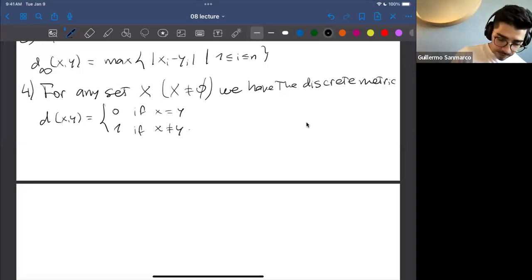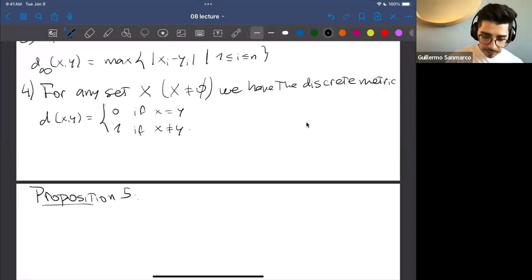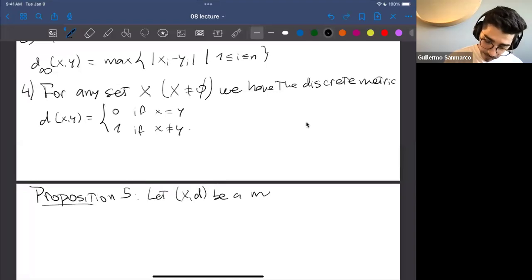Okay. Proposition, because we need to make this topological. It's Proposition 5 for today. Of course, I'm going to start with a metric space, and I want to impose a topology here. The idea will be exactly what we did for the standard topology on the reals.